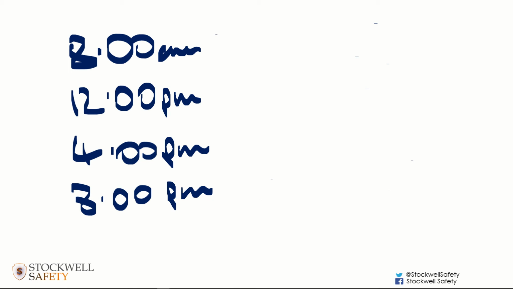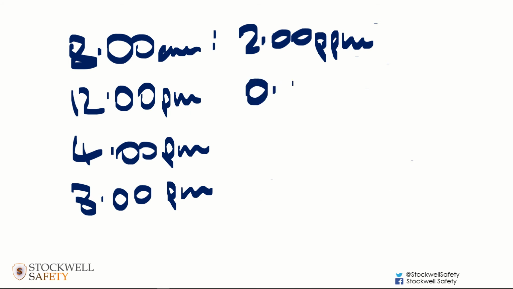Okay, but what if, because it's maybe a smaller pool and it's busier, you do your first test at 8 a.m. and you get 2 parts per million, and then by the time 12 o'clock rolls round you're already sort of down at 0.9 parts per million.